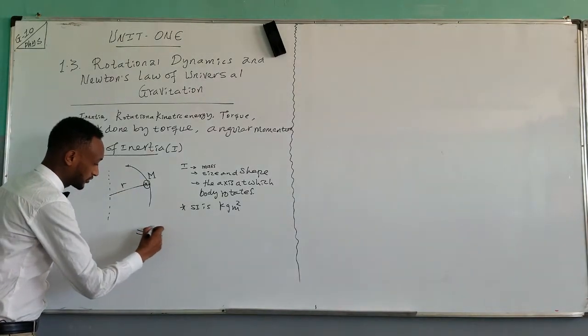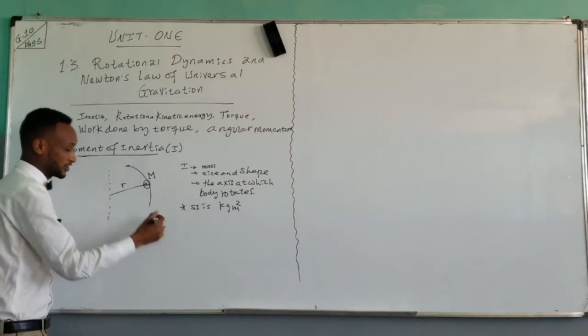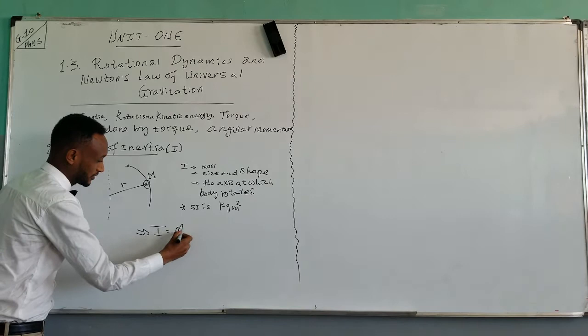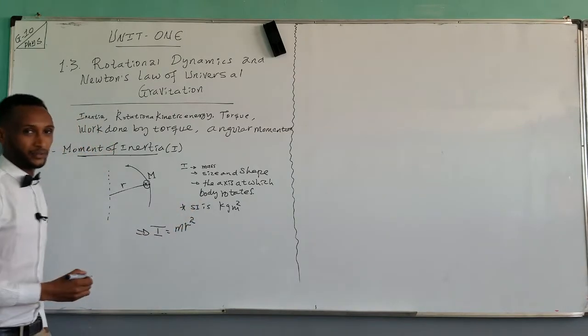Mathematically, the moment of inertia of a point mass at a distance r is given by the mass of the body times the distance r squared.